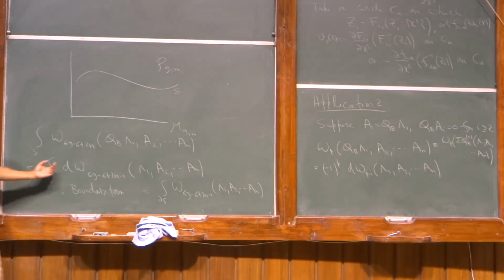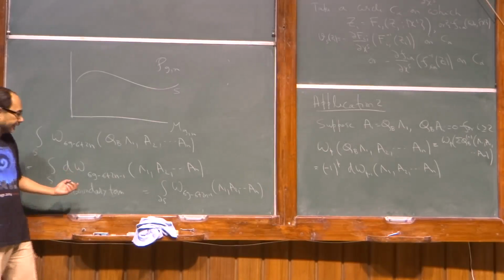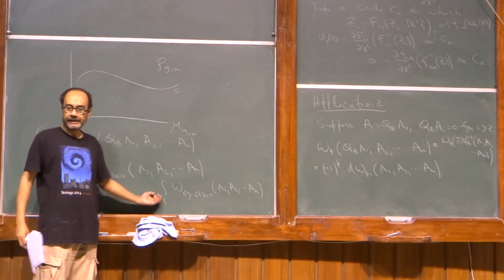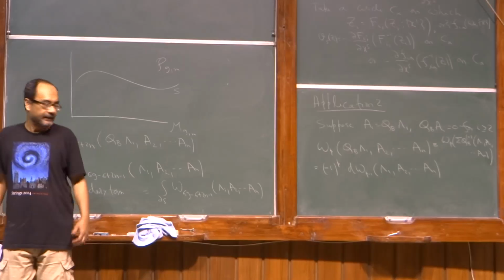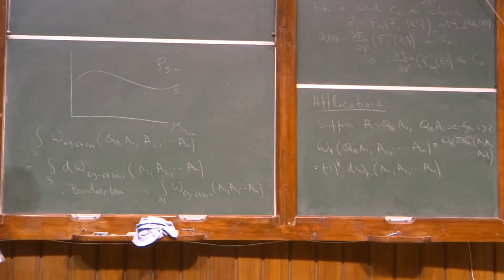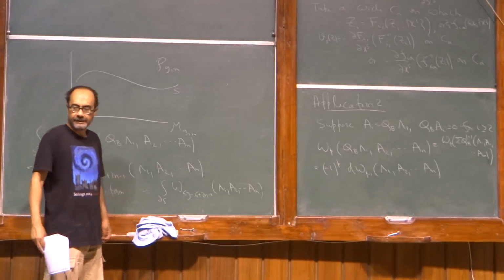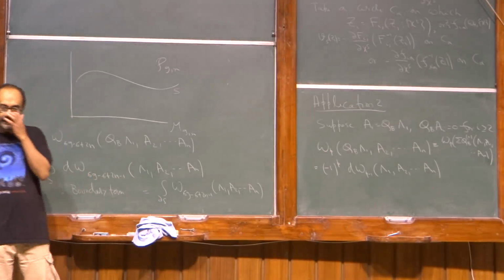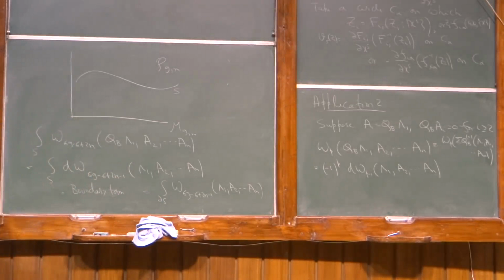By Stokes theorem, integral of d omega on the surface S is the same as the integral of omega on the boundary of S. So then you have to go back and check separately if the integral over the boundary vanishes or not.